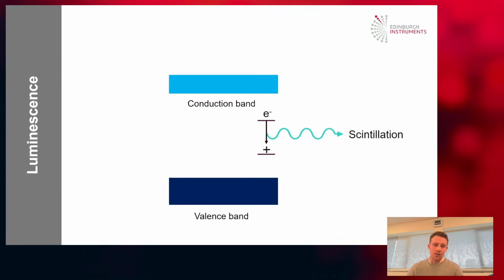Then in the luminescence stage, these charge carriers will recombine, and this will emit a photon through scintillation. Because the difference in the energy levels is small, the wavelength will be in the visible or UV range instead of another ionizing radiation.